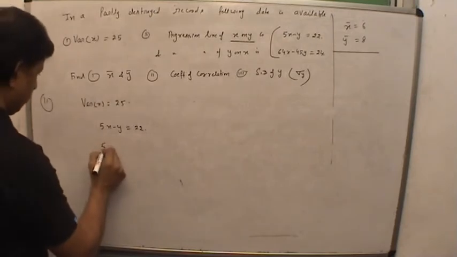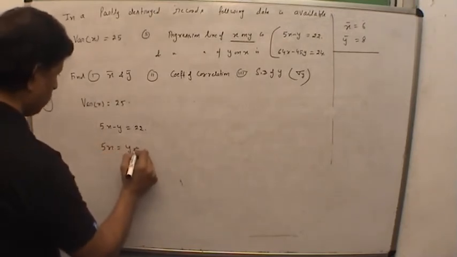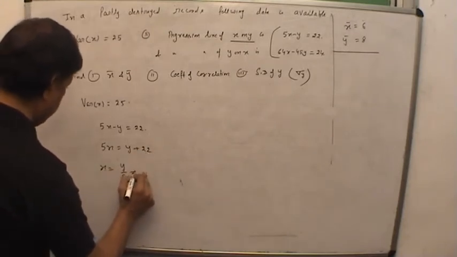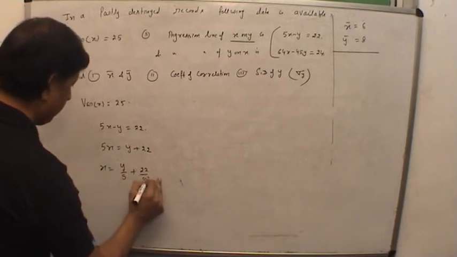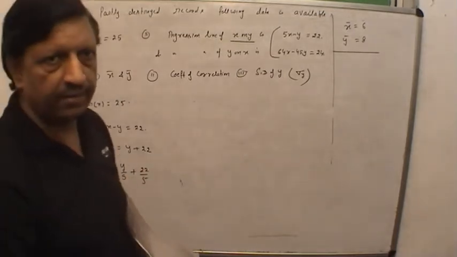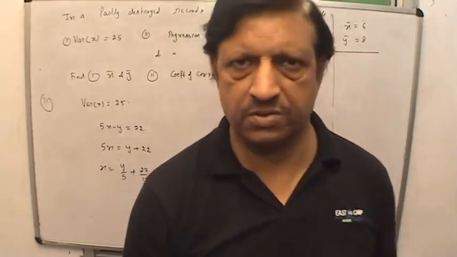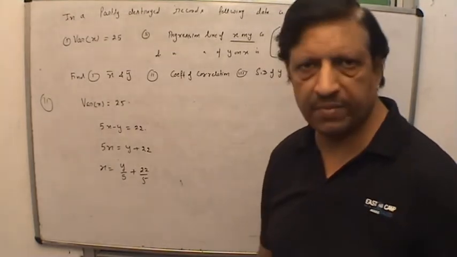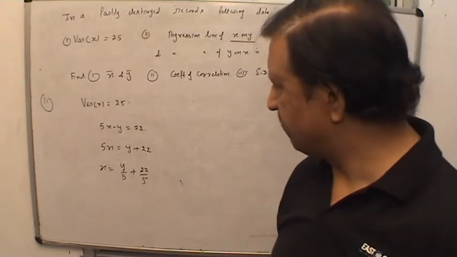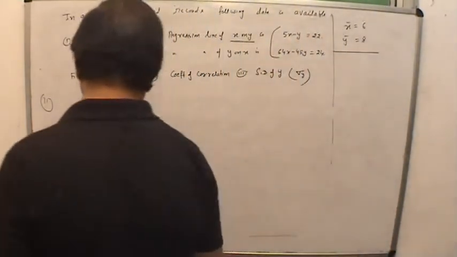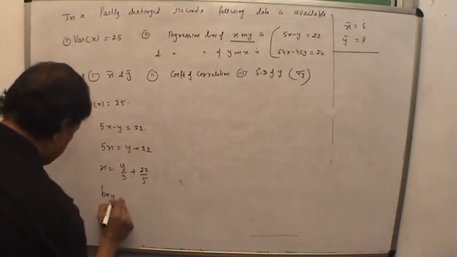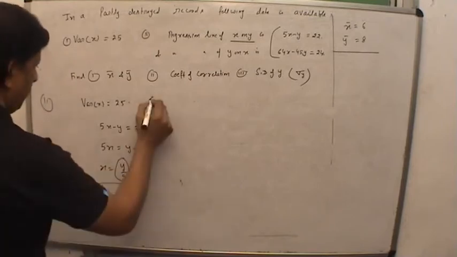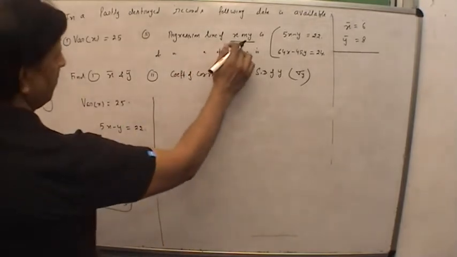So we separate the x from this line. 5x is equal to y plus 22 and x is equal to y upon 5 plus 22 upon 5. Now it is in the form of a straight line, x is equal to my plus c, where m is the reverse slope of the line. Here we get bxy is equal to 1 by 5. It is the coefficient of y because this line is x on y.